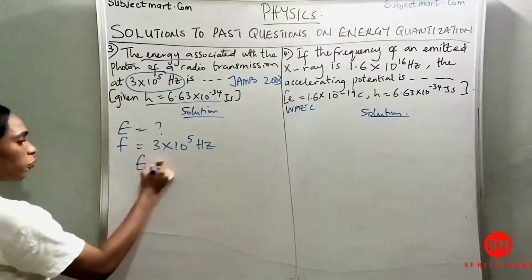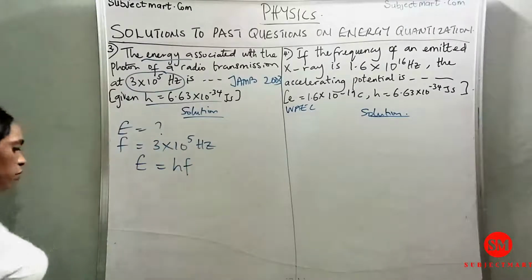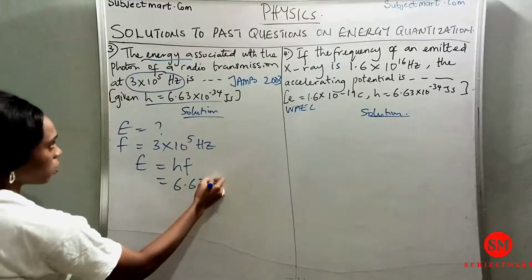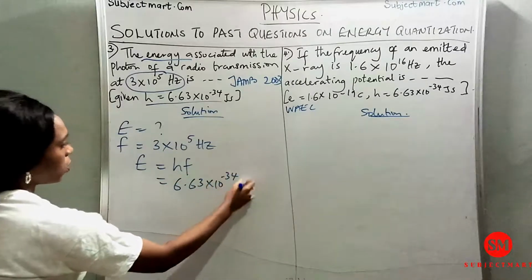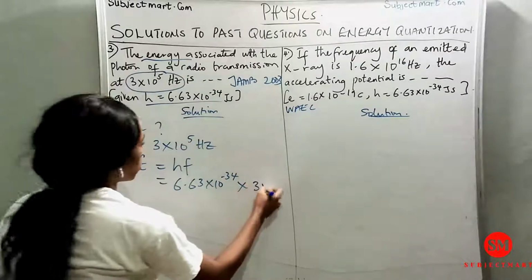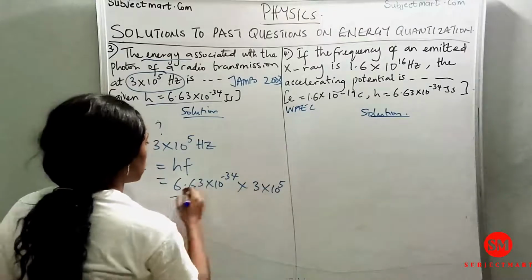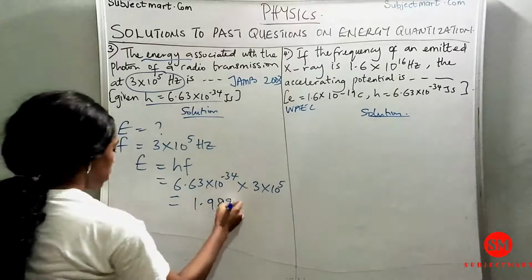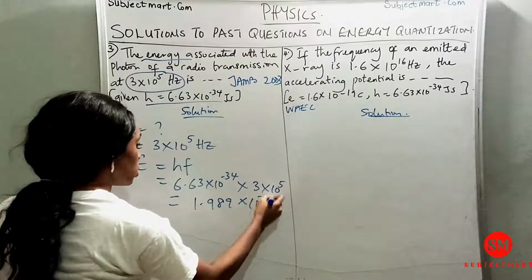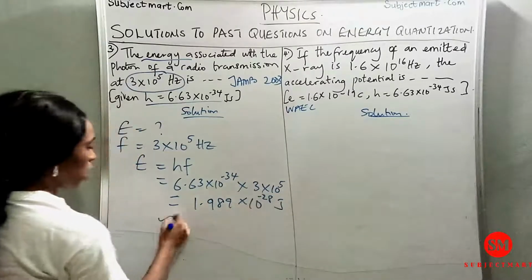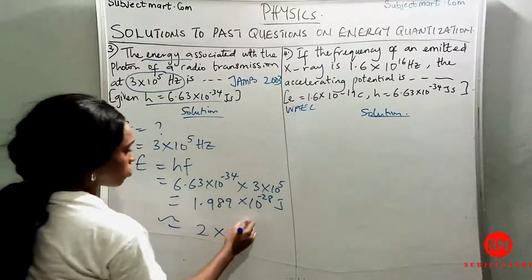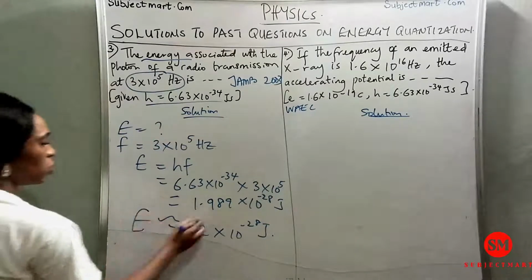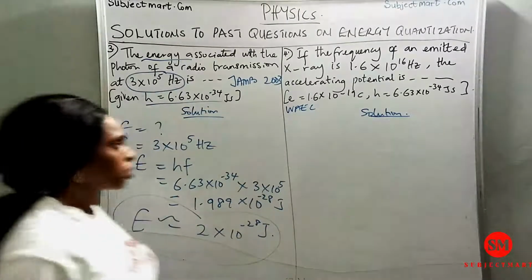So you recall the formula E is equal to hf. So we go ahead. Our h is the Planck's constant. f is the frequency. And that will give us 1.989 times 10 raised to the power minus 28 joules. Approximately, this is 2 times 10 raised to the power minus 28 joules. So the energy associated is equal to this.